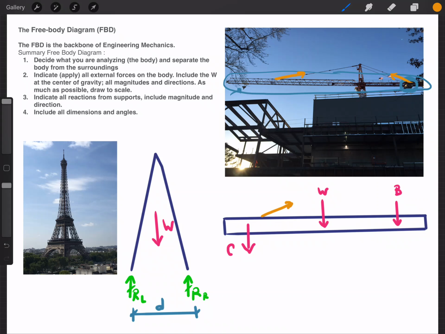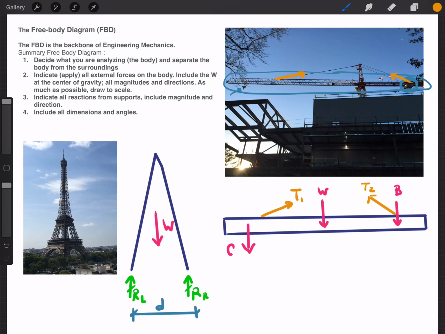There is the cable. We'll call this one tension 1. A cable is always in tension. It's always a pulling force. It's pulling on the member there. If it was in compression, it would just slack. Okay, and then the other one here goes from this point. We'll call that T2, tension number 2 there.